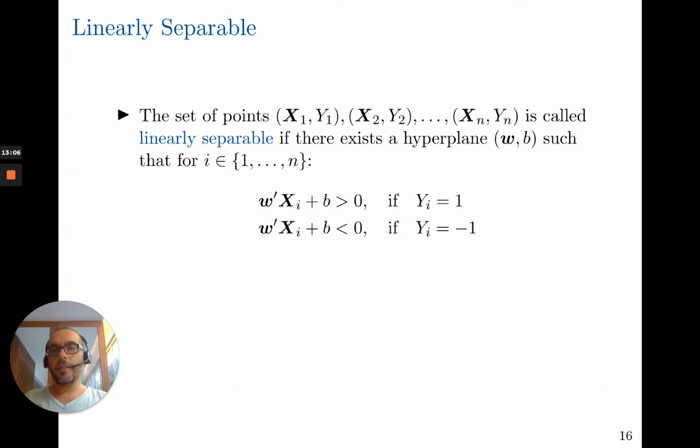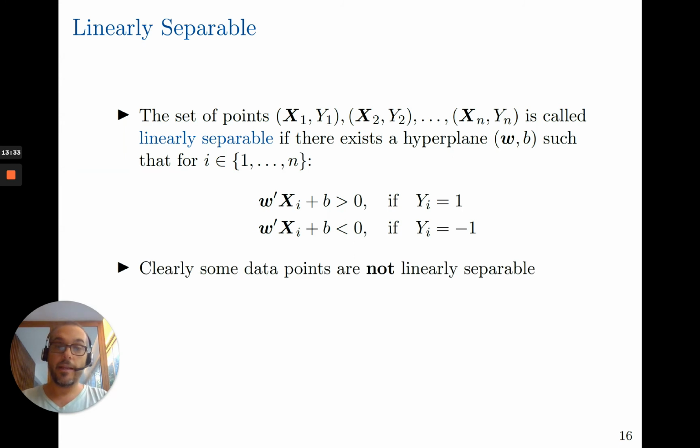So we can say that the points are linearly separable if there exists a hyperplane defined by W and B, such that W transpose X plus B will be positive if Y equals 1, and W transpose X plus B will be negative if Y equals -1.